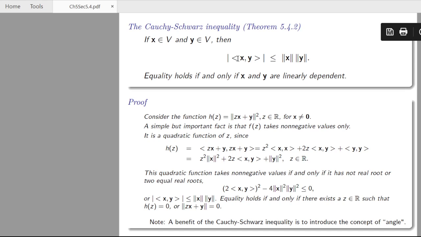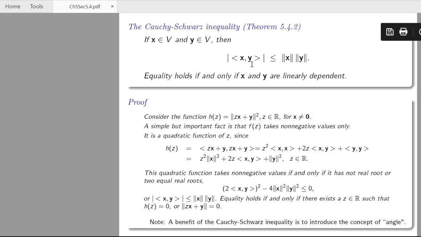Then we get the absolute value of the quotient of the inner product between x and y over the product of the length of x times the length of y is less than or equal to 1.